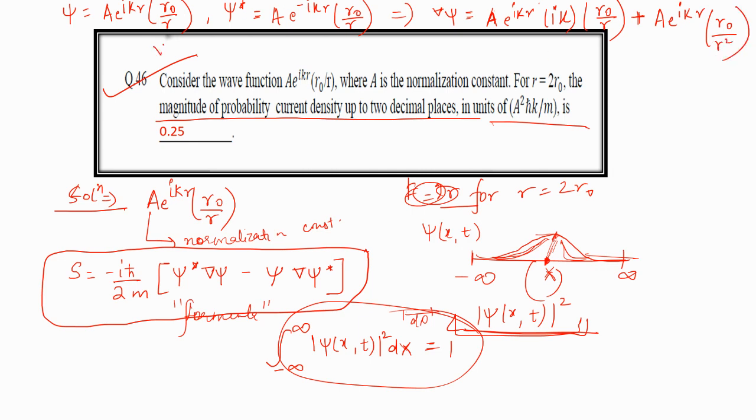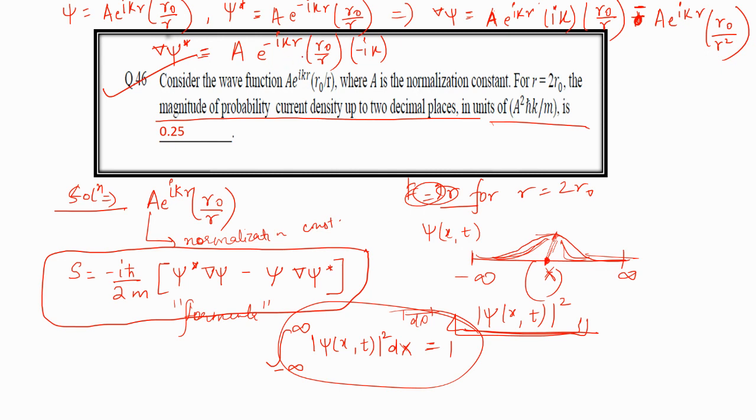And the other one is del psi star. This will be A e raised to the power minus iota k r naught by r. Yes, sorry.